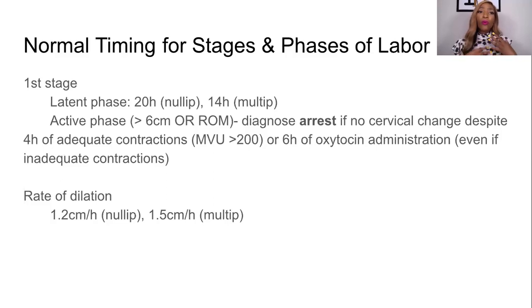So a normal rate of dilation is, I really just say 1 centimeter an hour when you're in the active phase, but the actual number that you need to memorize, that I need to memorize for my boards, are 1.2 centimeters an hour for a first-time mom and 1.5 centimeters an hour for a multiparous woman.